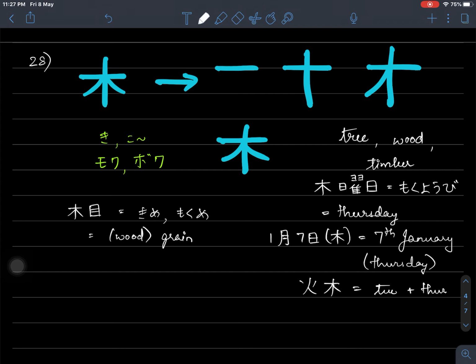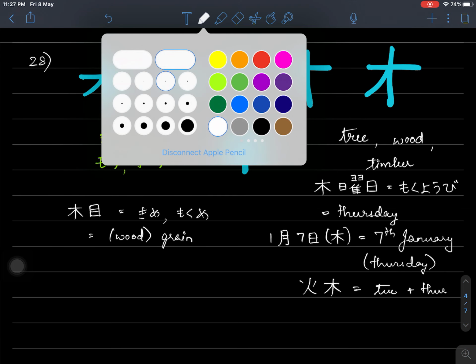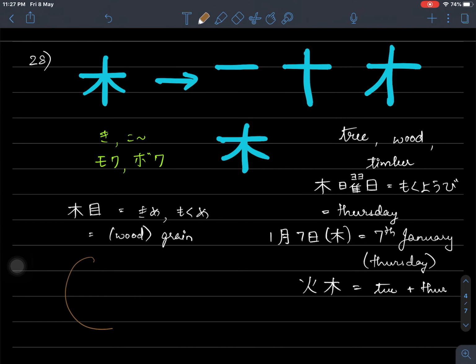In case you're wondering what the grain of the wood means, if say you've cut a tree, this is what a tree looks like when you've cut it. It will have all these little concentric circles once you cut open the tree.